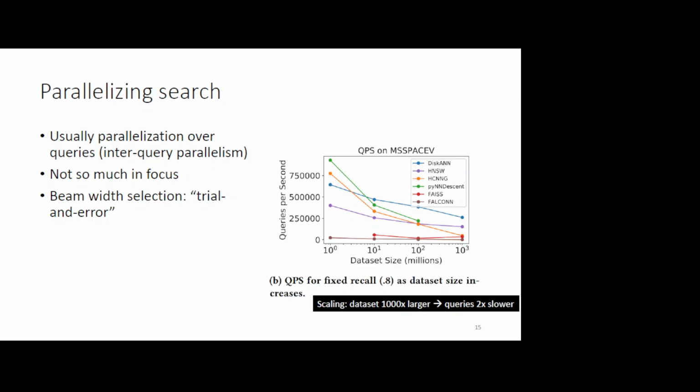I think the conclusion is when your data set increases 1,000 times, your query is just 2 times slower. So it's lucky we don't slow down 1,000 times, just twice.